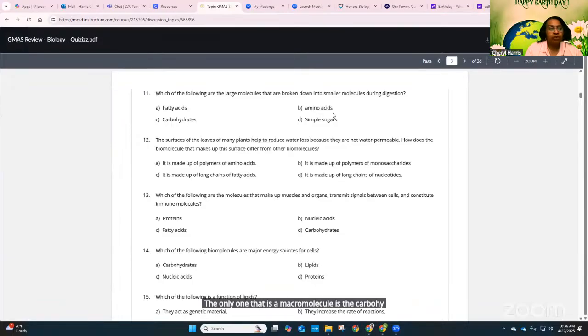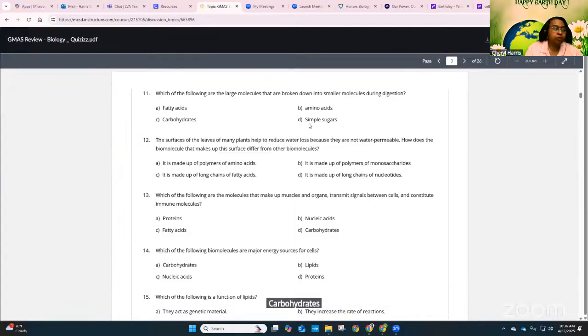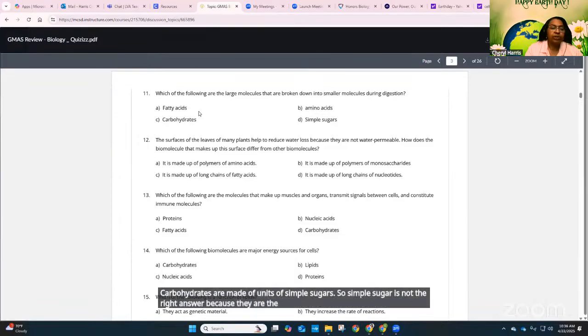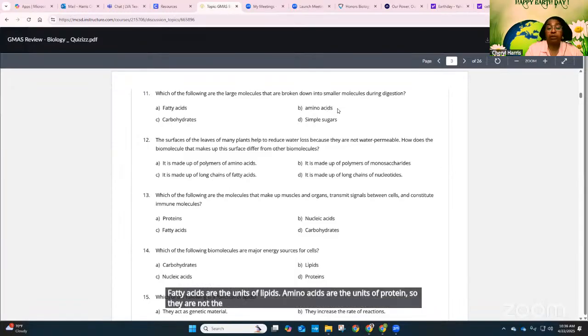Each of these other ones are parts of a macromolecule. Carbohydrates are made of units of simple sugars. So simple sugar is not the right answer because they are the units of carbohydrates. Fatty acids are the units of lipids. Amino acids are the units of protein, so they are not the large macromolecule. They are the units of a macromolecule.